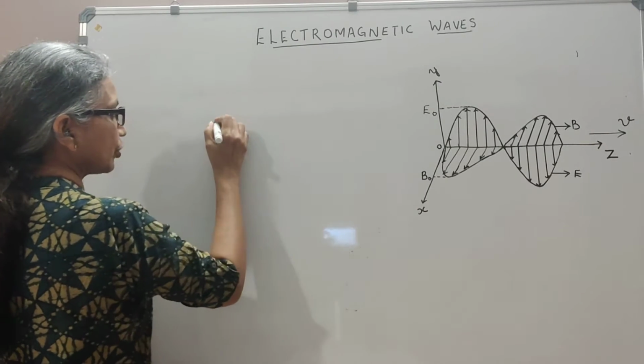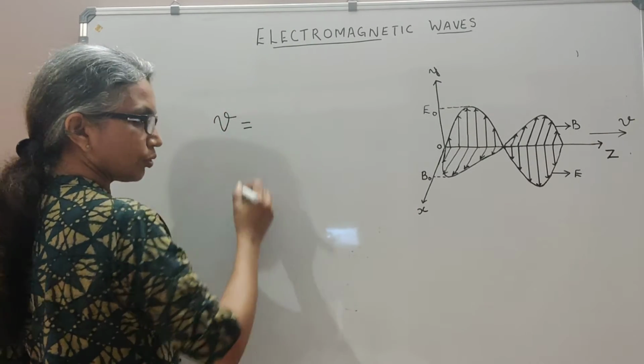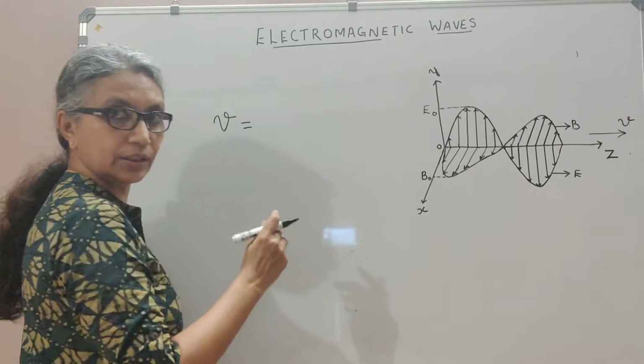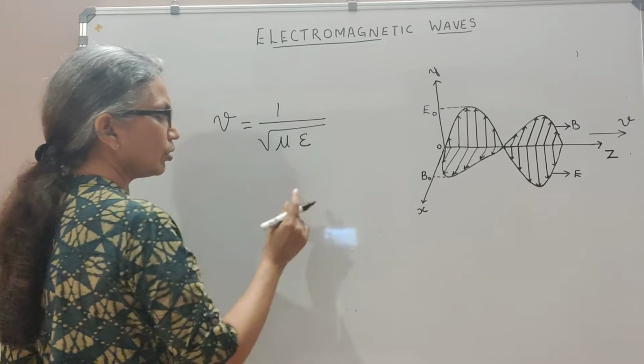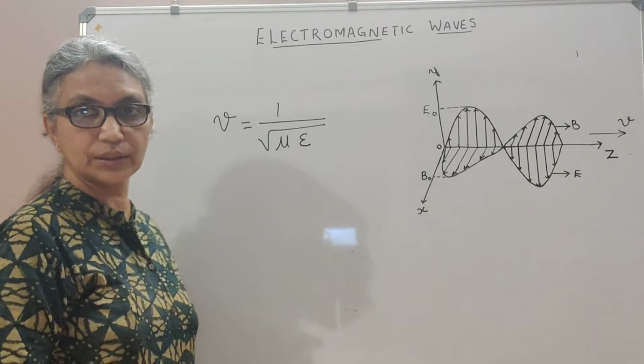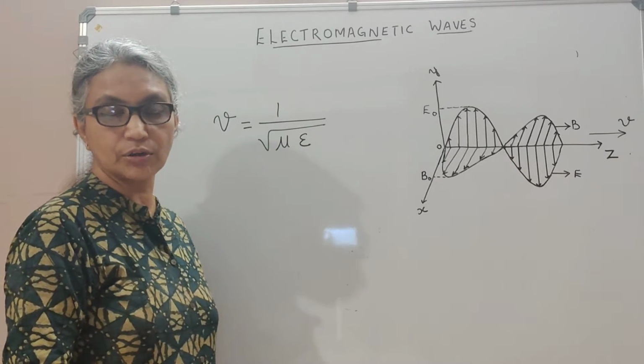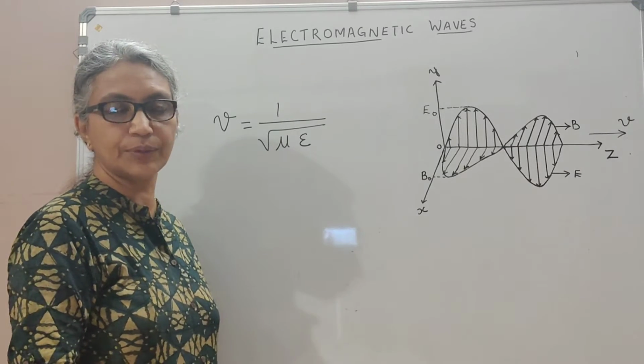He came up with this equation: the velocity of the electromagnetic wave in a medium is given by 1 by root of mu epsilon, where mu and epsilon are the permeability and permittivity of the medium.